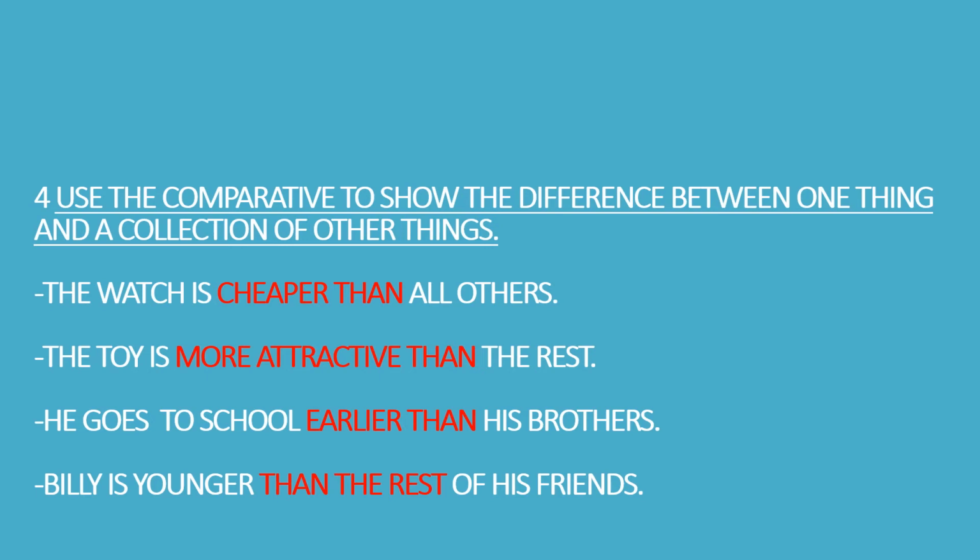He goes to school earlier than all his brothers. Billy is younger than the rest of his friends. So Billy is one human compared to all his friends, more than one human, a group of friends. So one object can be compared to a group of things by using the comparative form.